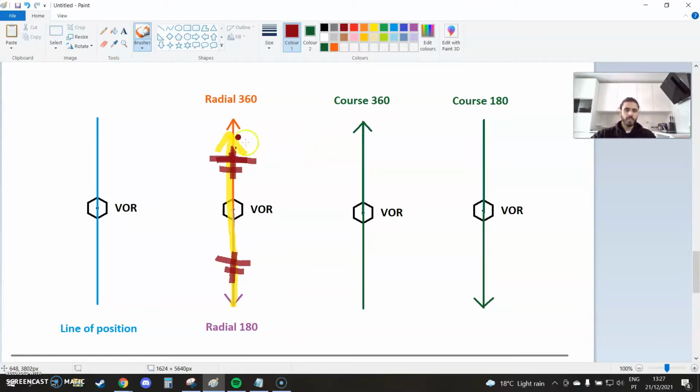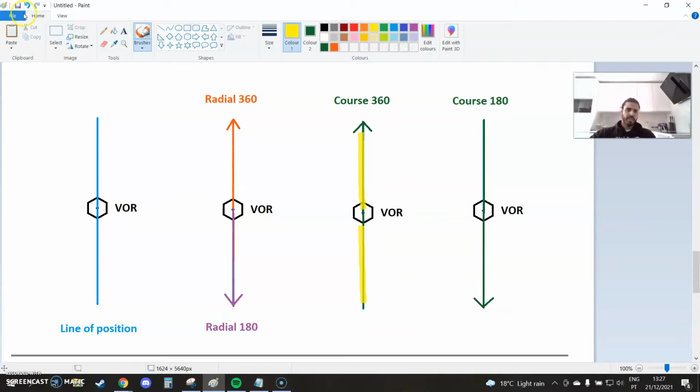So this aircraft here: radial 360, course 360. This aircraft here: radial 180, course 360. So every course has two radials. I'm on course 360 here on radial 360, and if I'm on course 360 here, I'm on radial 180.